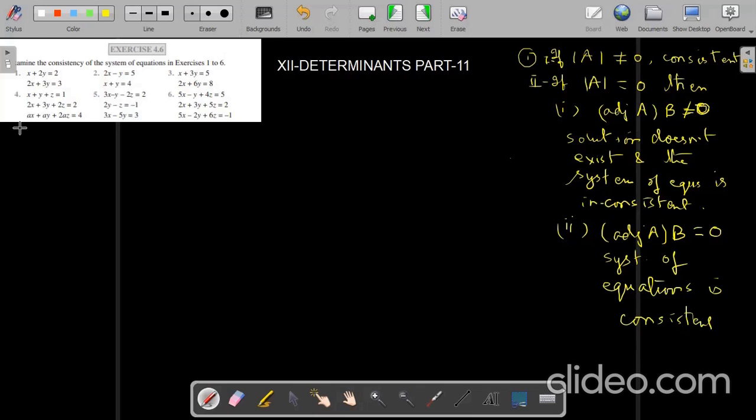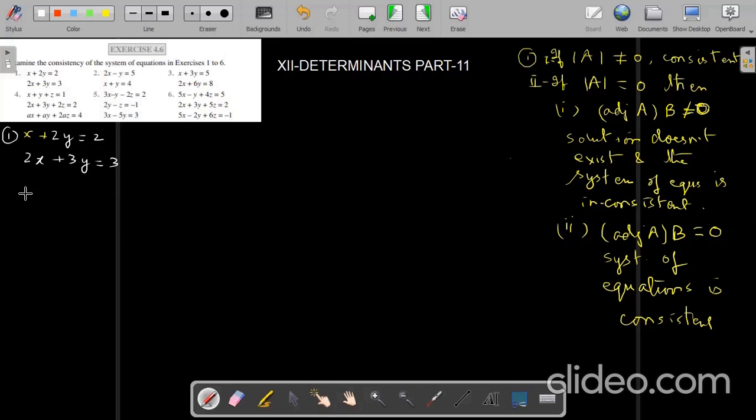So here we have to check. Now we will do question number 1, exercise 4.2, question number 1: x plus 2y is equal to 2 and 2x plus 3y is equal to 3.